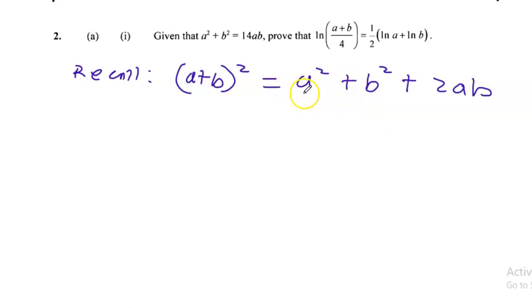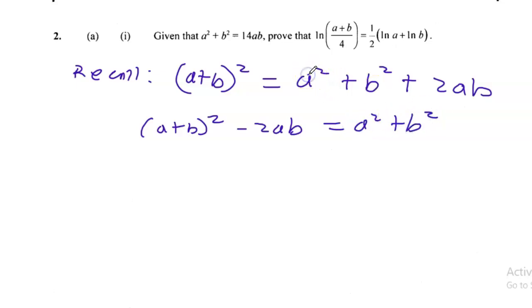This means that, we can do some transposing here. (a plus b) all square, subtracting 2ab from both sides, so minus 2ab is equal to a square plus b square. Alright? Now above there we are told that a square plus b square is equal to 14ab, so we can replace a square plus b square on the right hand side with 14ab.